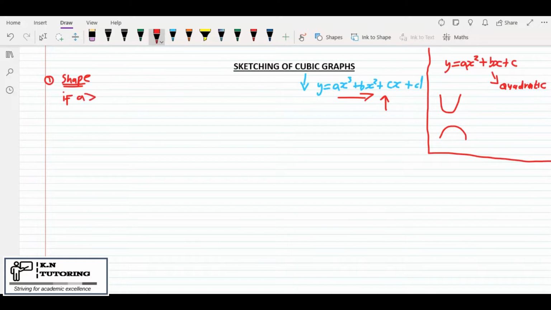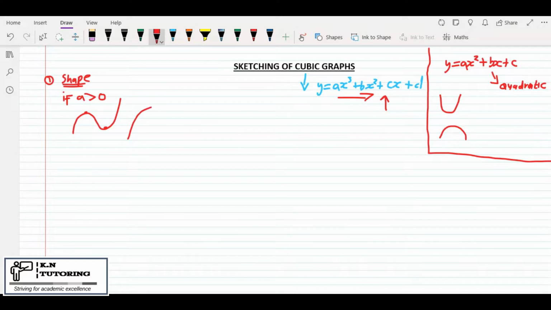So in terms of the shape, if a is greater than 0, meaning it's positive, your graph will look like this. If you compare the two here, you'll see one turn there and a second turn there. Again, we can have a situation where the graph looks like this.